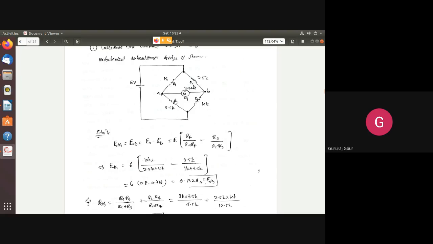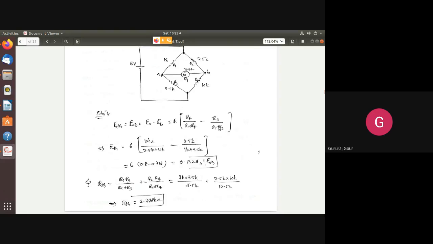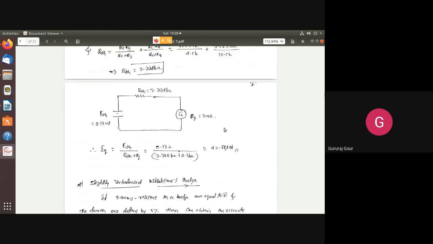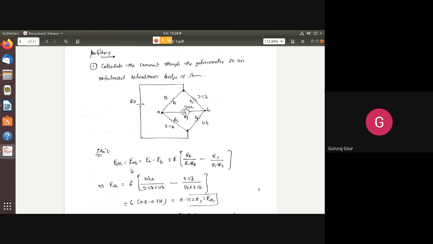R1 is 1 ohm, R2 is 2.5 kilo ohm, R3 is 3.5 kilo ohm, and R4 is also given as 10 kilo ohm. So we have to find some bridge parameters here. How do we get the Thevenin's equivalent circuitry for this one? First, we have to get the ETH.